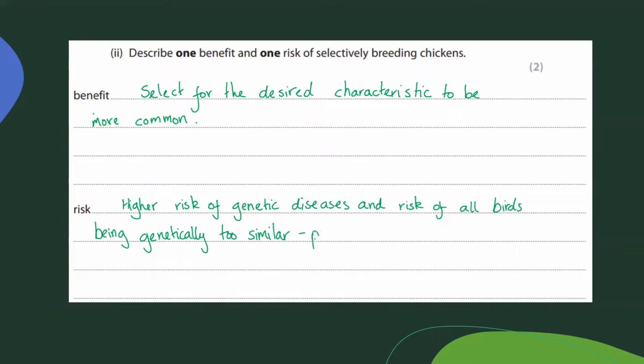That makes them prone to diseases. Like I was saying about the banana, because they're all genetically similar, they have similar immune systems. Plants have immune systems as well. Then if you get a disease that affects one of them, it's probably going to affect all of them. It might wipe them out. So sometimes animals and plants go extinct because they're all too genetically similar. When they're genetically different, you usually have a better immune system.